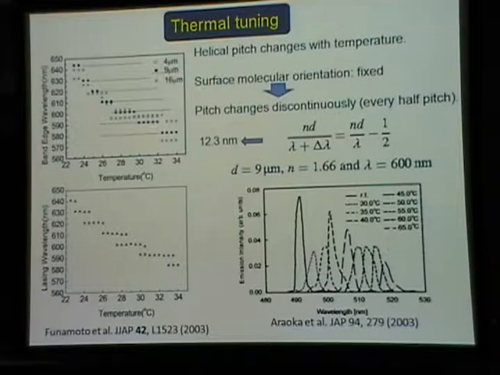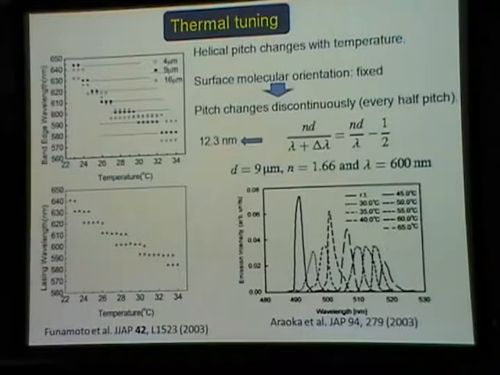From a simple calculation, considering what I said before and using the experimental conditions, we can suggest that 12.3 nanometers is the interval. Experimentally, they observed changes in steps of about 12 nanometers, like this. So lasing also occurs discontinuously.